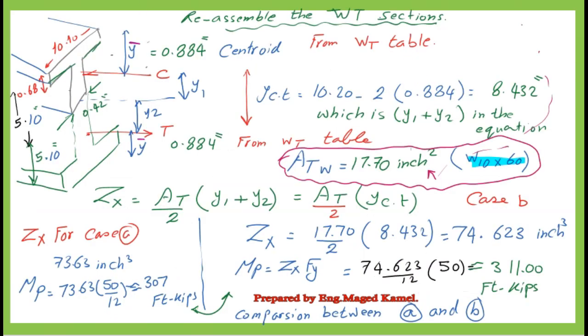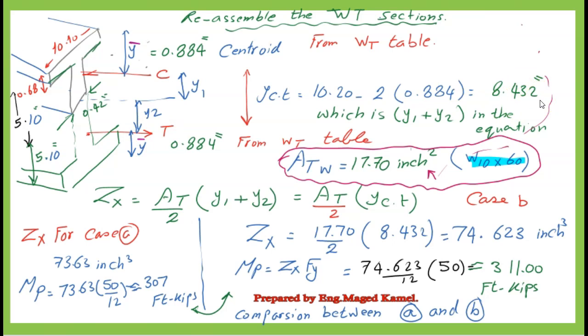From the next slide, we will reassemble the two WT sections and introduce a sketch for the forces acting. We can see that YCT distance equals 10.2 minus 2 Y sub B, so the value is 8.4532 inches.